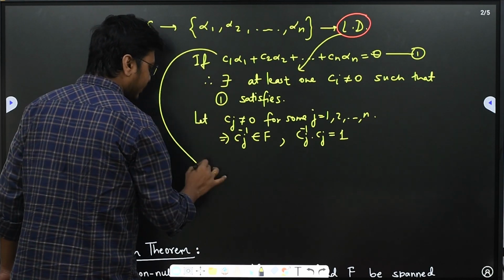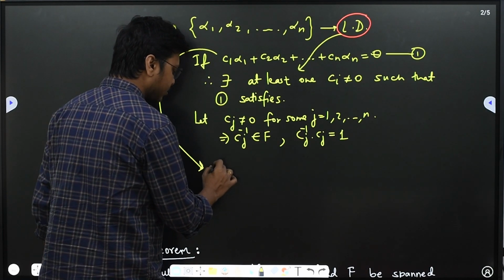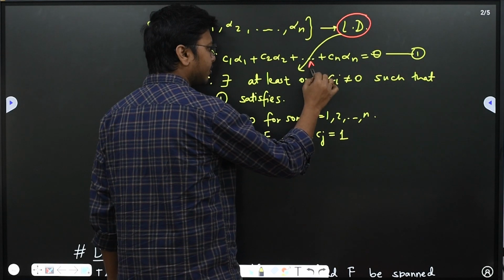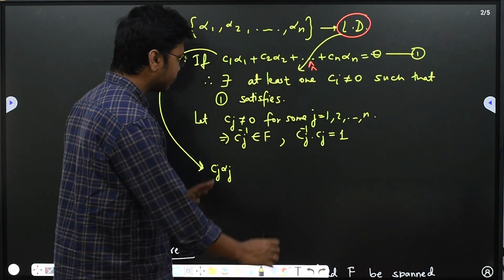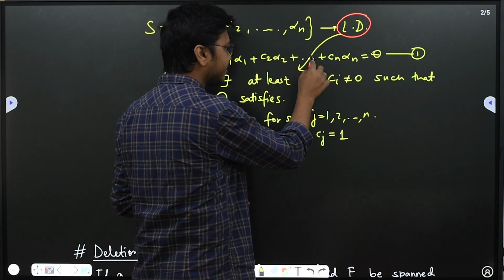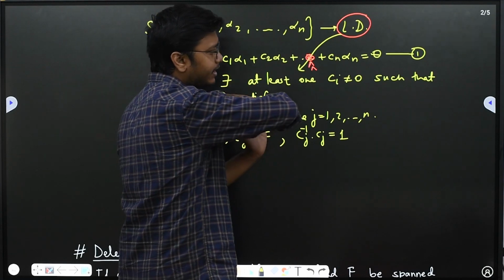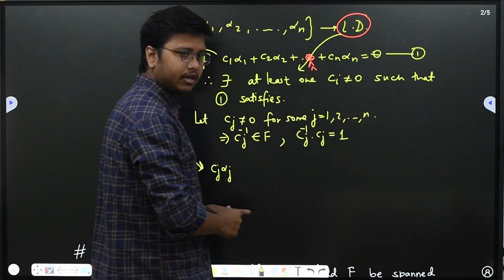So now imagine I am keeping the Cj alpha j element. Where will I find the Cj alpha j? Somewhere over here in the middle. So I'm keeping the Cj alpha j on the left hand side and taking everything else on the right hand side.